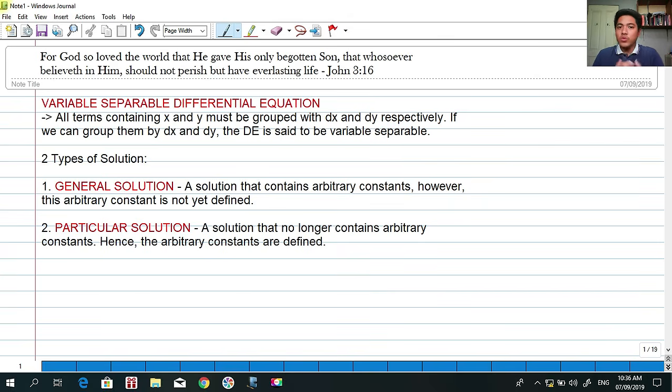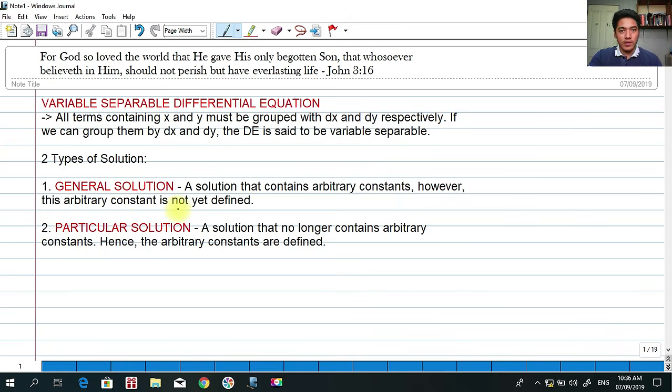Here, in the solutions of differential equations, such as variable separable differential equations, we're going to come up with a constant, and that constant can be defined or not yet defined. If the constant is not yet defined or its value is unknown, that is what we call the general solution.